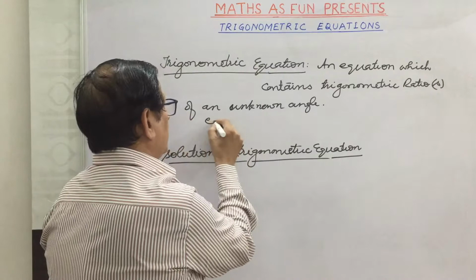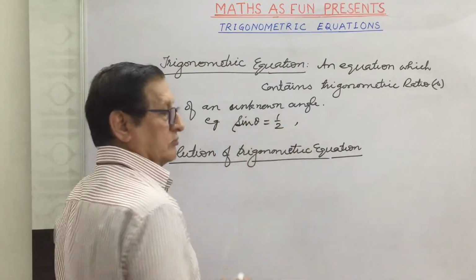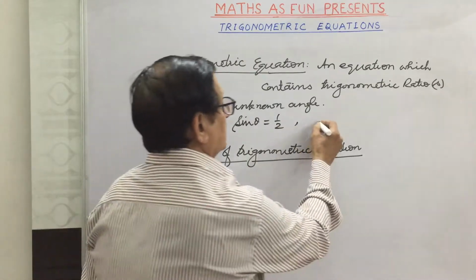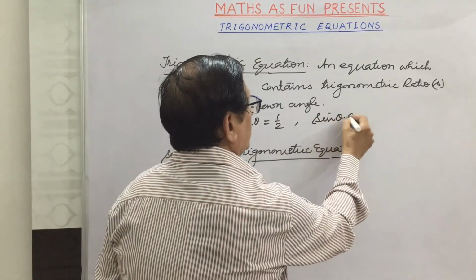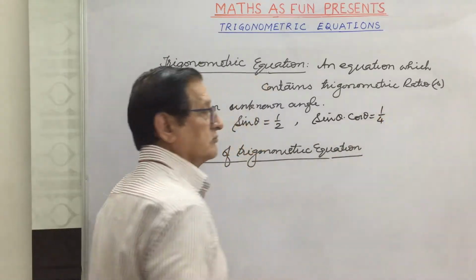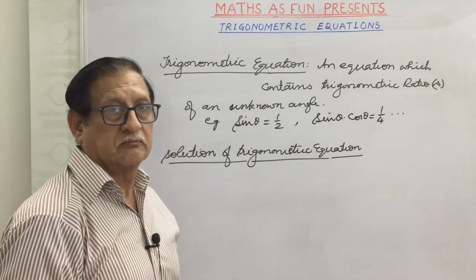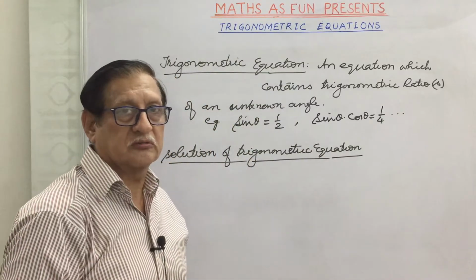For example, we can say sin theta equal to 1 by 2. We can say sin theta into cos theta equal to 1 by 4. And so on, we can have the equations which are known as trigonometric equations.